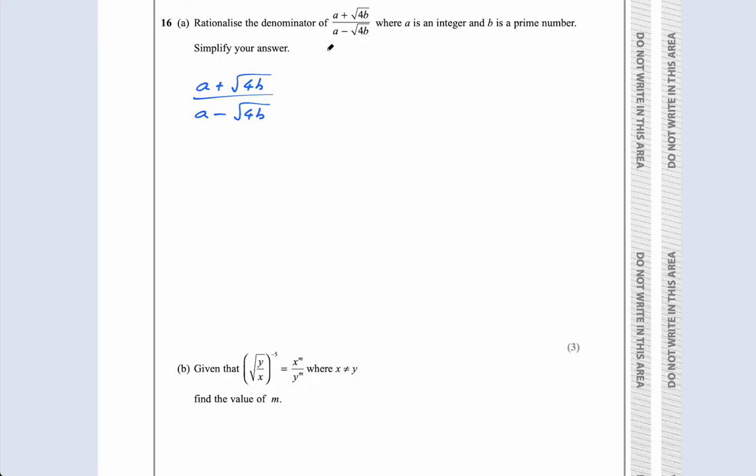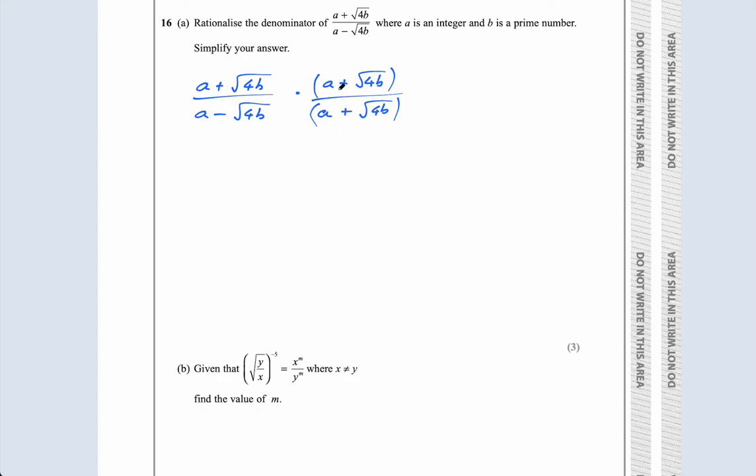To rationalize the denominator, you multiply above and below by the conjugate of the denominator. The conjugate is, whatever this is, change the sign. So it's a plus root 4b over a plus root 4b. Now you might ask, why do I do that? Well, you can do that because you're just basically multiplying by 1.